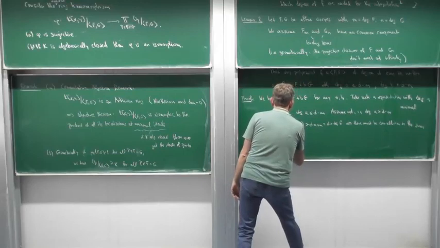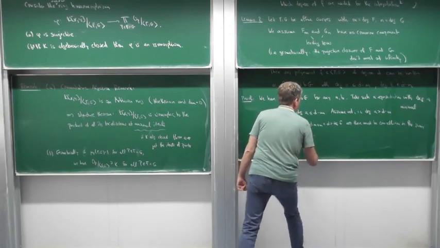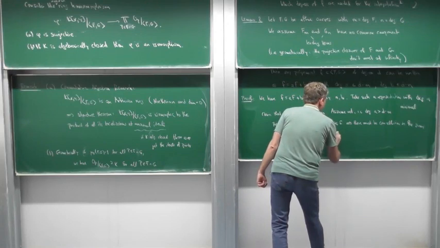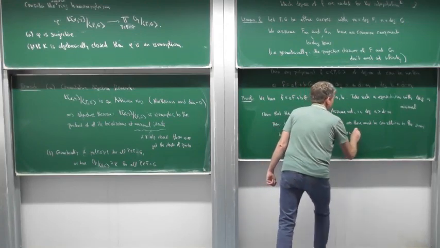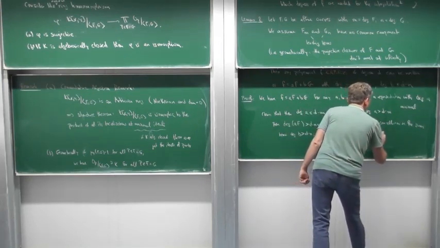So hence the degree of B is also bigger than d minus n, and the leading terms in AF and BG cancel.